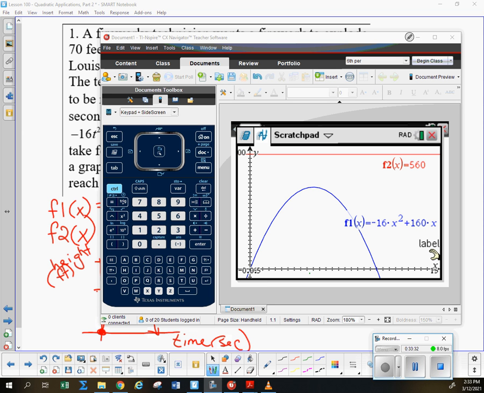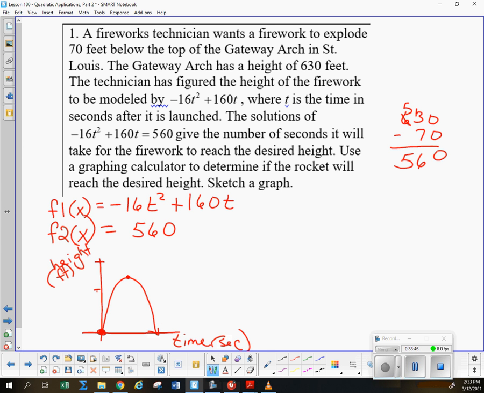So continuing, hopefully your graph looks something like this. Starts at 0, 0, it goes up. The height of the parabola is below that line where y equals 560. And let's copy our graph and answer our question here. And I am assuming that you knew this meant to actually enter it on your calculator with x's, negative 16x squared plus 160x, just for our calculator to understand it better.